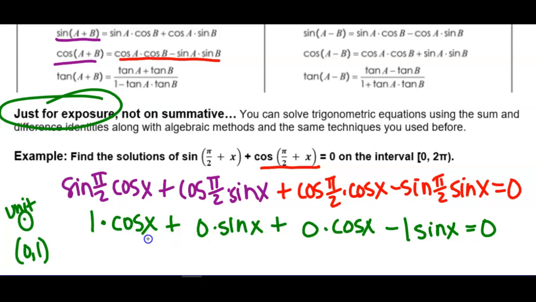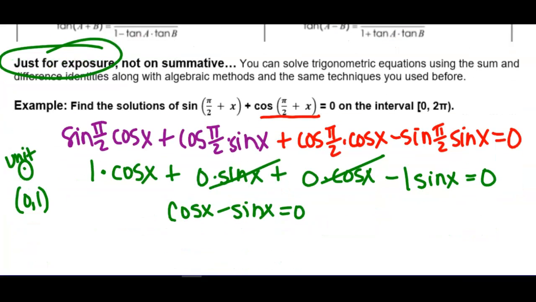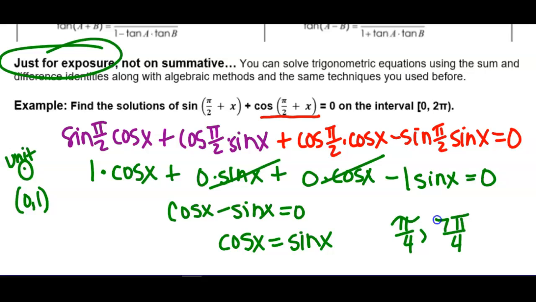Okay, so these are both 0, and I end up with the cosine of x minus the sine of x equals 0, or the cosine of x equals the sine of x, which happens at pi over 4 and 7 pi over 4.